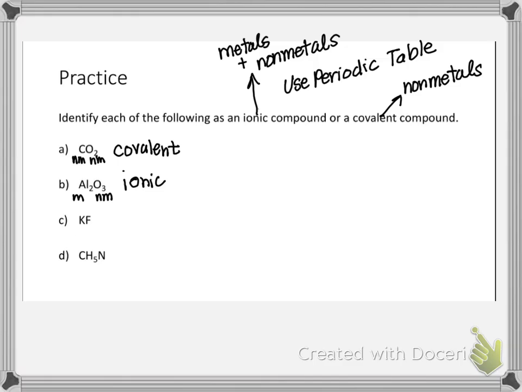Potassium fluoride: potassium is a metal, fluoride is a nonmetal, so metals and nonmetals are ionic. And the last one, CH5N, we have nonmetal, nonmetal, and nonmetal. So even if there's more than two elements, you still could apply the same rule. Those are all nonmetals, so that is covalent.